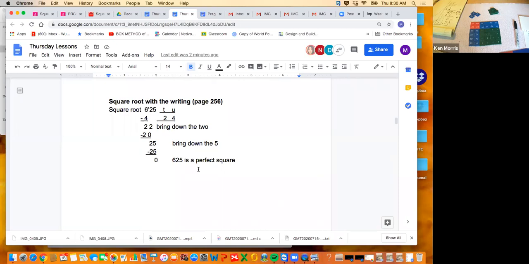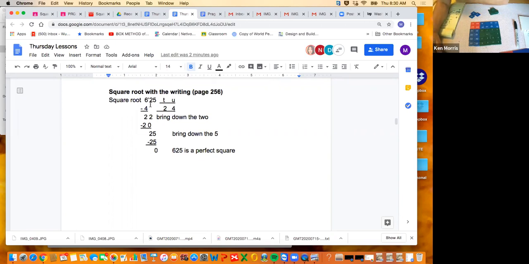So let me walk through it, and you guys let me know if you want to do it again from scratch. We're taking the square root of 625. We analyze the radicand. We see that our root is going to be in the tens and units place. What is the largest square we can make out of 600? The largest square we can make is 400.